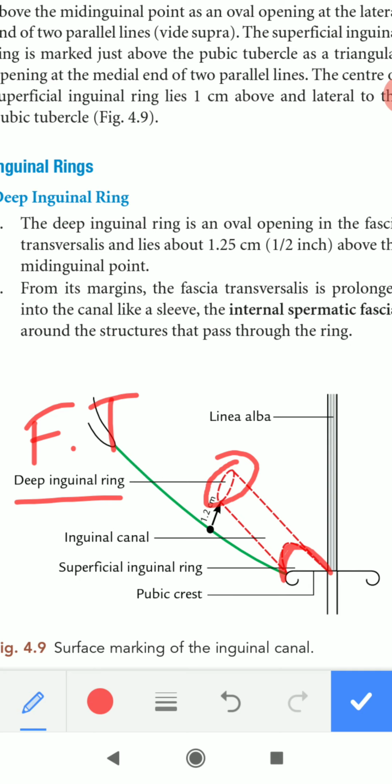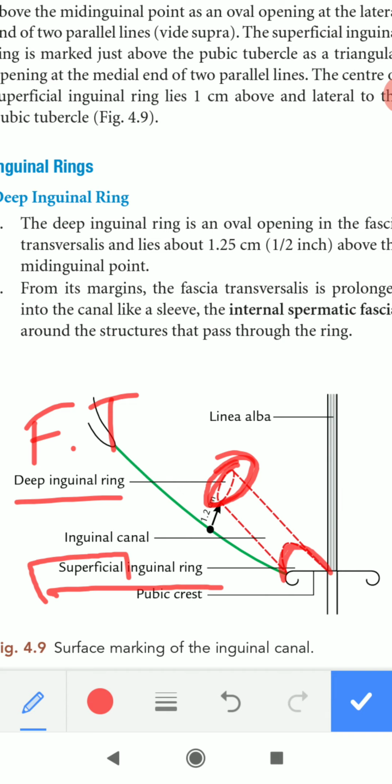So deep inguinal ring is an oval opening. You can see an oval opening which is located on the fascia transversalis. And superficial inguinal ring, the name says its identification. The superficial, that means it lies in the superficial layer of the anterior abdominal wall. So it usually lies over the external oblique aponeurosis, and you know external oblique aponeurosis is the third layer of the anterior abdominal wall.